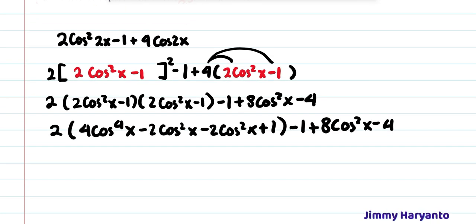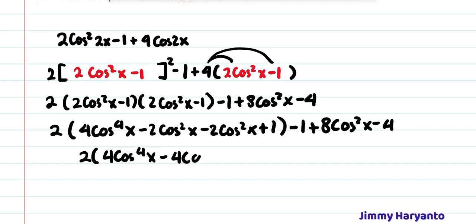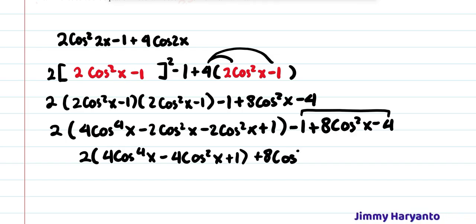That's so long. I will simplify this one first. So 4 cos to the power of 4x minus 4 cos square x, and then plus 1, and then simplify this one, you'll have plus 8 cos square x minus 5.